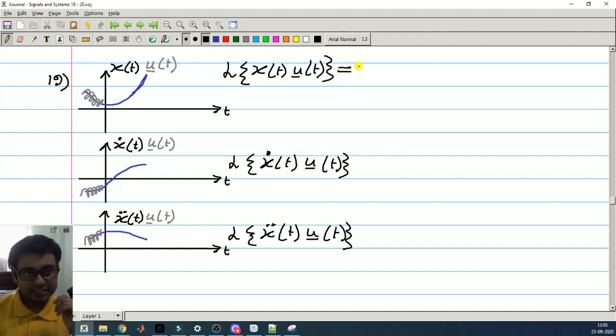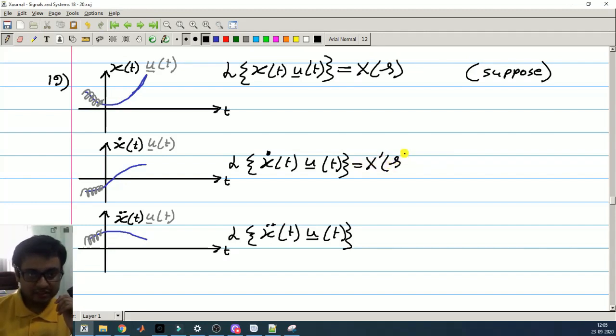Let me call this capital X s, and suppose this is X prime s, and this is X double prime s.